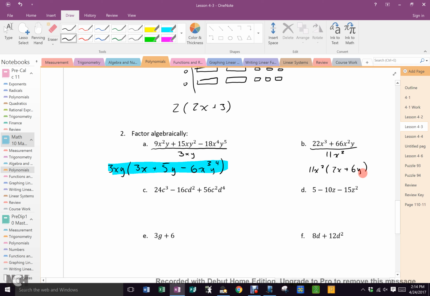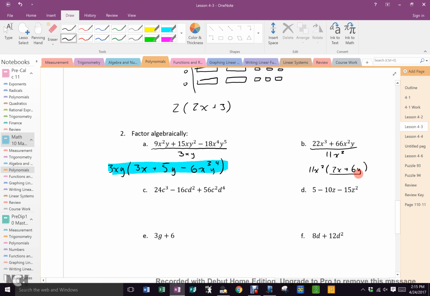That's right, but it's not done. Why? Because it can be factored again. Is there a number that goes into 2 and 6? So remember what I said in your notes? It might factor again.